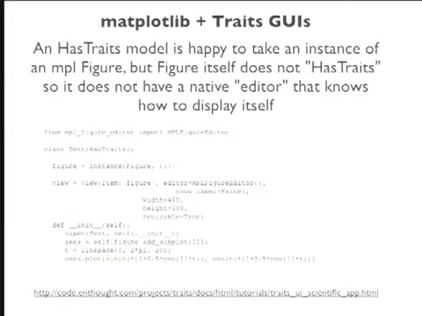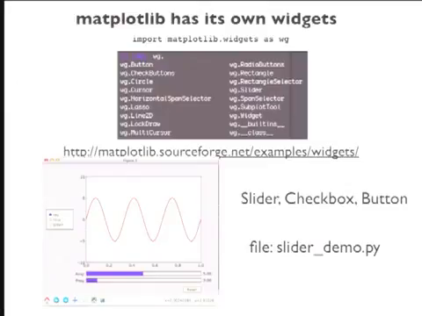So if you import matplotlib.widgets as WG, and then you type wg.tab, you will see that there's a lot of the concepts of what we've talked about today already built inside of Matplotlib. And you can start essentially creating directly and natively within Matplotlib the types of widgets that you might want to be interacting with if indeed what you're looking at is playing with some sort of figure.